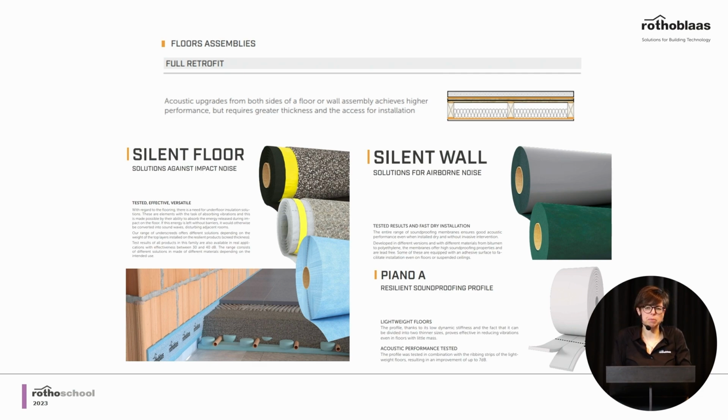Of course, the best way to improve a floor is to have a full retrofit, so working from below, but also from the top. So adding a suspended ceiling and also a raised floor or a screed with resilient membranes.